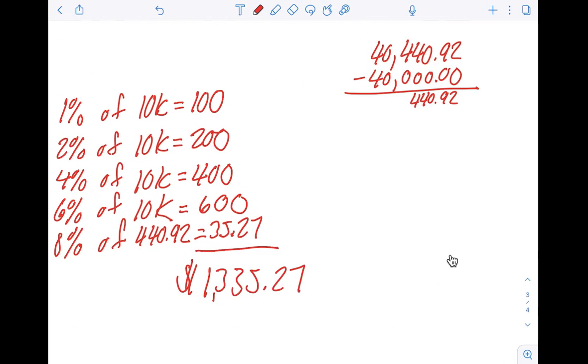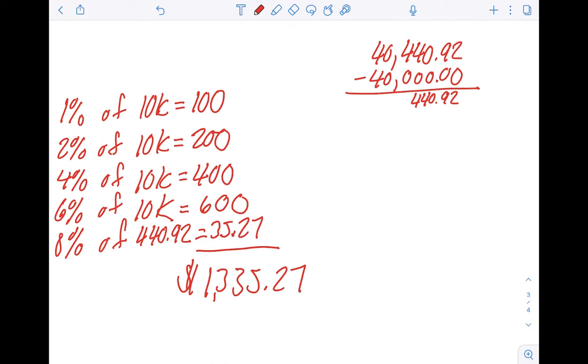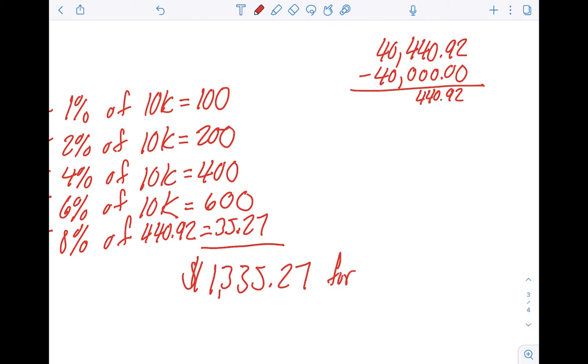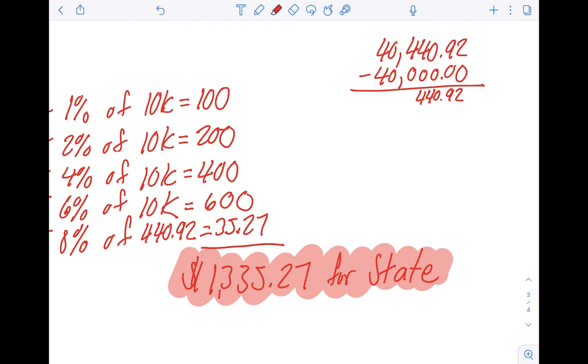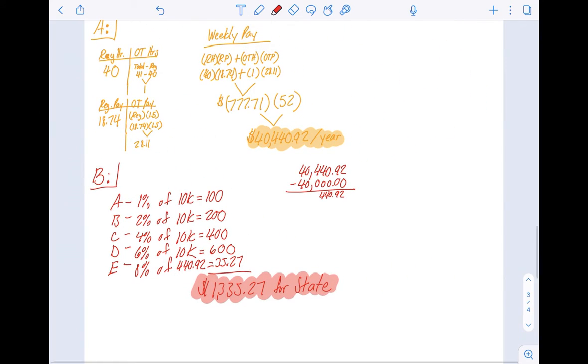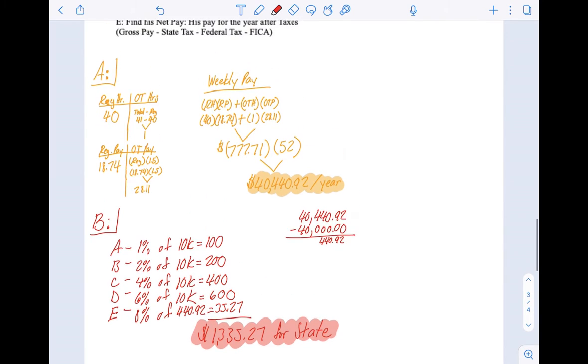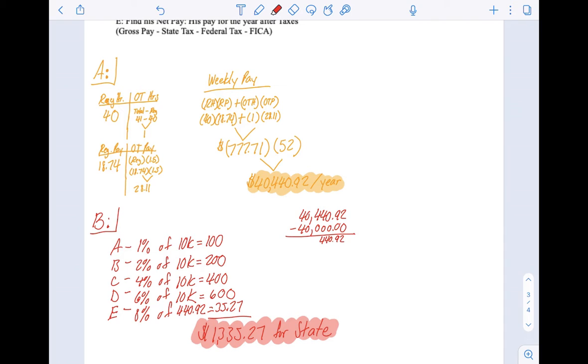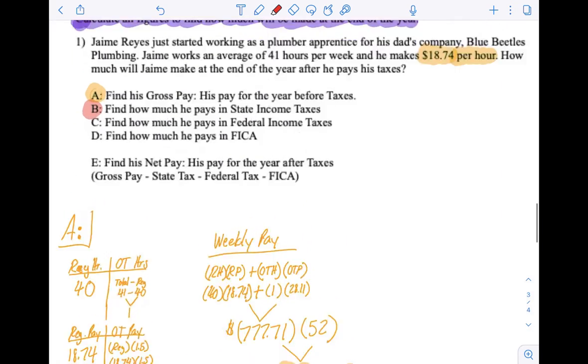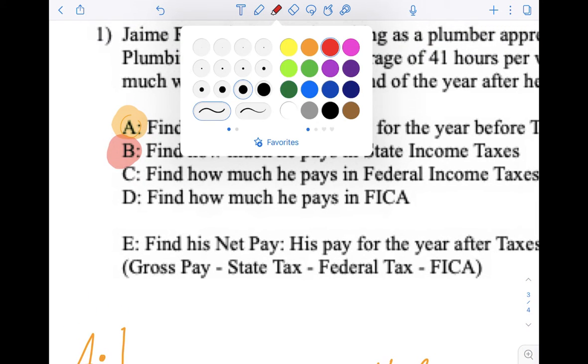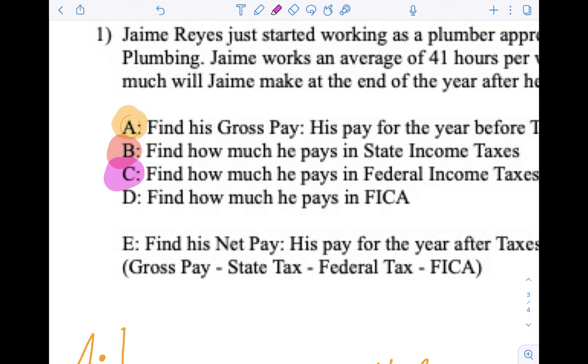Okay, I go back, I wrote it down right there. That's how much we pay for the state. Look at that. That's B. We have A and we have B. We know how much he makes a year and how much he pays for the state. What's next? Next, we're going to do C.